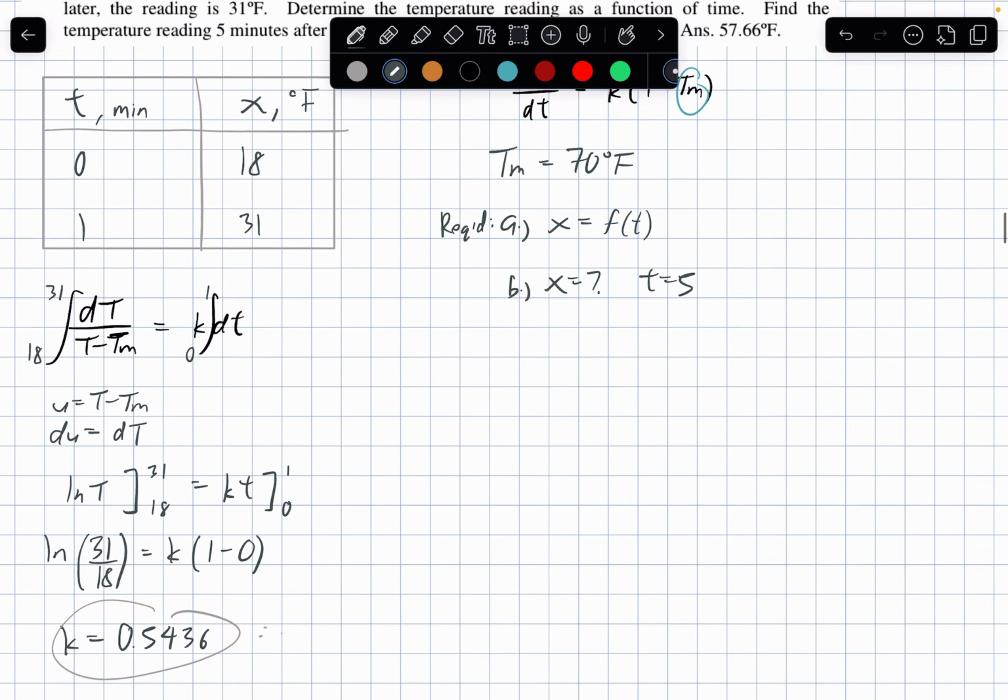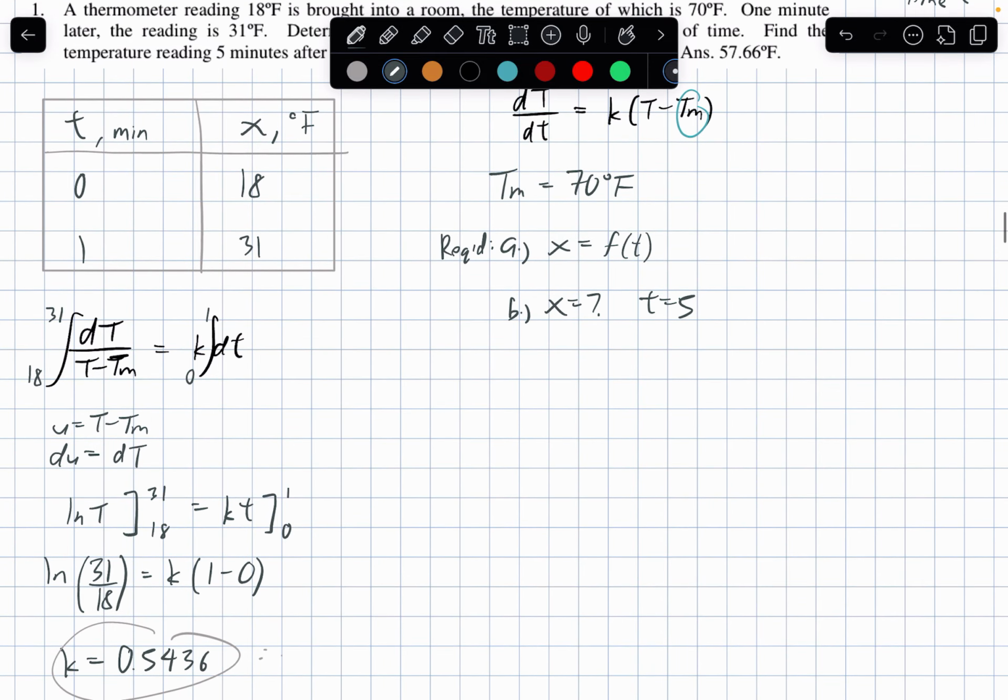Okay. Let's now substitute that to the original formula. So dT over T minus T sub m equals 0.5436 dt. Since we're treating T sub m as a constant and we are given its value, we can just substitute. Okay?